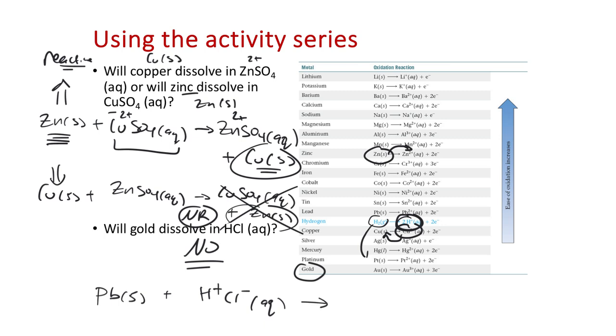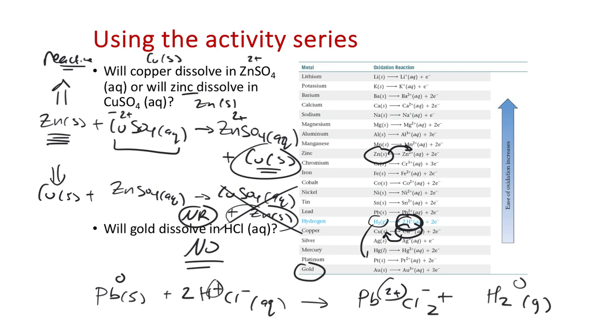But we're going to have the reaction take place here because lead can form lead 2 plus, and then hydrogen goes back to H2, and then lead pairs up with the chloride ion, so we know it should take 2 to make PbCl2. And so I'm going to need a 2 in front of the HCl to balance everything out to give me 2 chlorines, 2 hydrogens on both sides. And lead 0 is going to lead 2 plus, and then H plus is going to H neutral. So lead's being oxidized, hydrogen's being reduced.